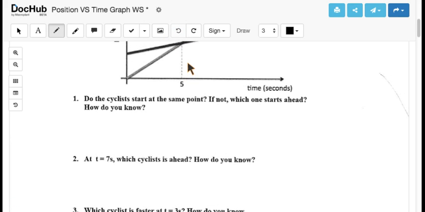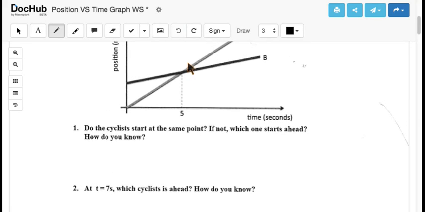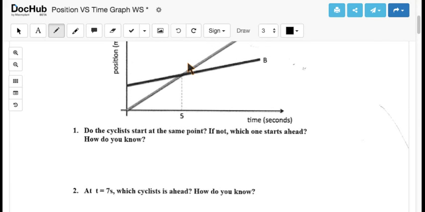At t equals 7 seconds, which cyclist is ahead? So on the time portion of this graph, here we have 5 seconds. If you go halfway between 0 and 5, that's going to be 2.5 seconds.